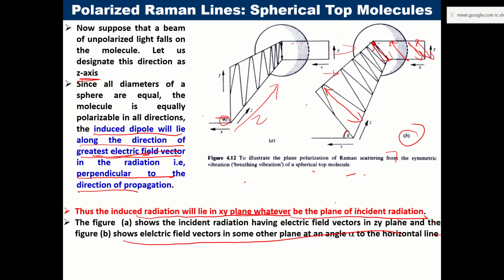If z is the line of propagation, in both cases propagation is along the z axis. In one case the electric field oscillates in the zy plane, in the other along another axis, so we are considering random oscillation for the electric field vectors in the incident radiation.